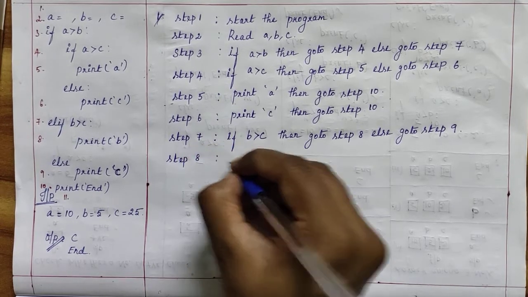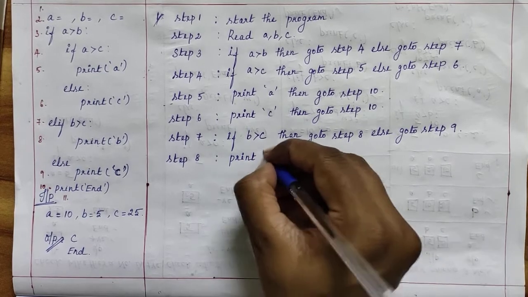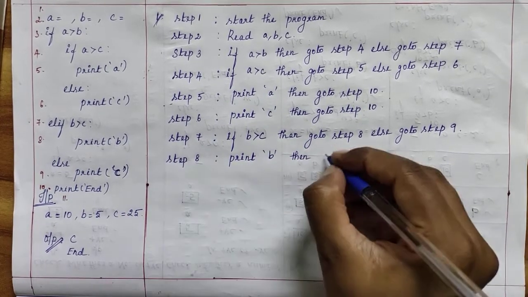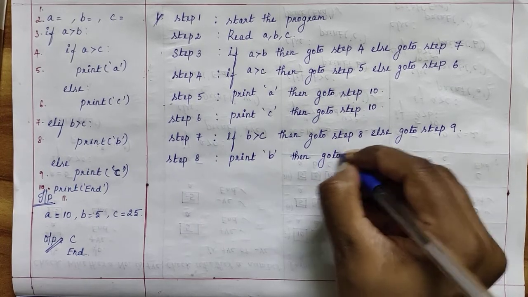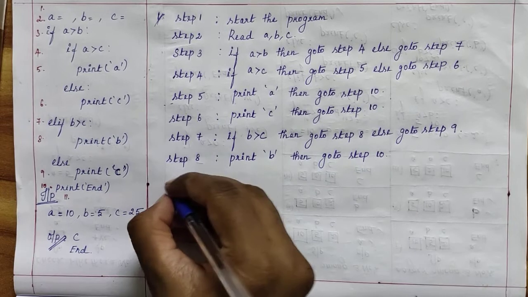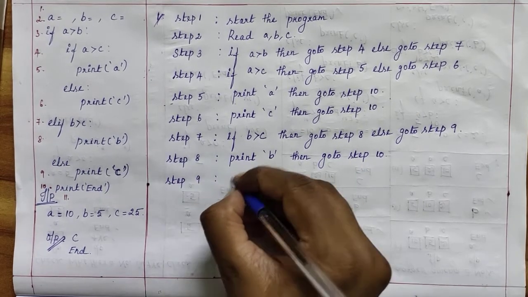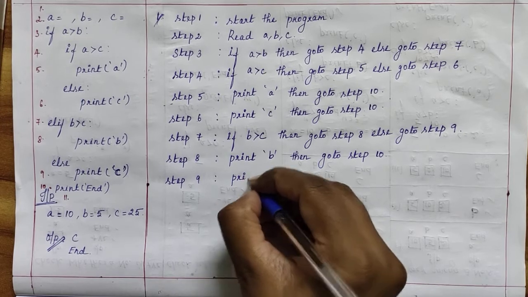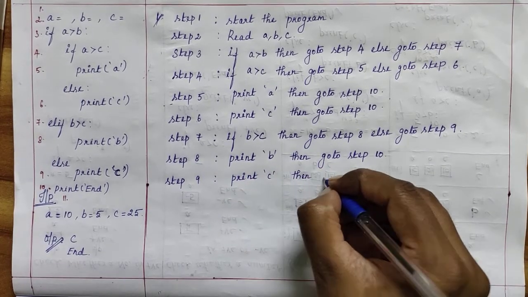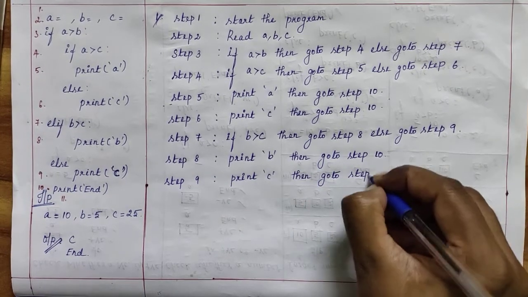So what is step 8? Print B, then go to step 10. Okay, and step number 9, print C, then go to step 10.